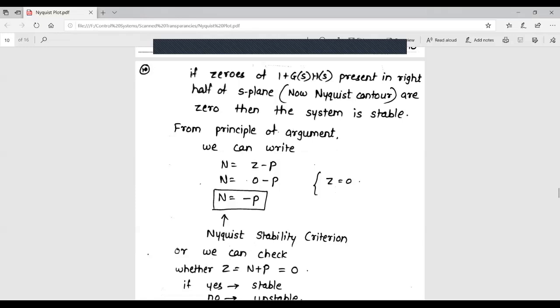So after substituting, whatever we get and whatever we plot is nothing but the Nyquist plot, which is basically a polar plot. But by using the Nyquist criteria we are analyzing the stability, and so we call it the Nyquist plot, right? So the three things we have discussed till now: your contour C is nothing but the right half of the S-plane, and we call that the Nyquist contour.